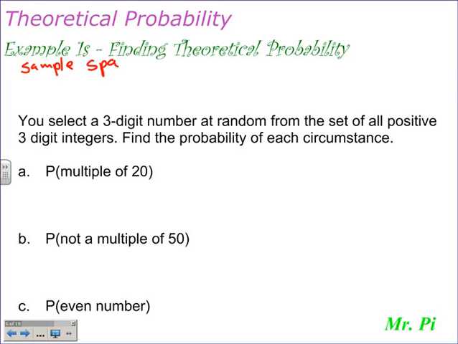The problem a lot of students have with this particular problem is figuring out the sample space. We select a 3-digit number at random from the set of all positive 3-digit integers. The first 3-digit integer is 100. The last 3-digit integer is 999.